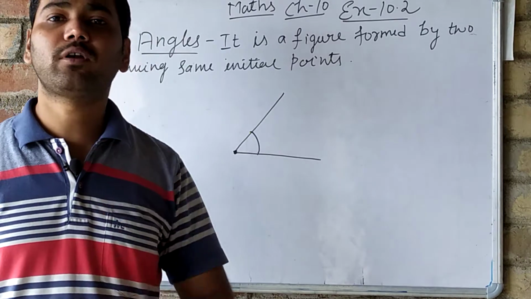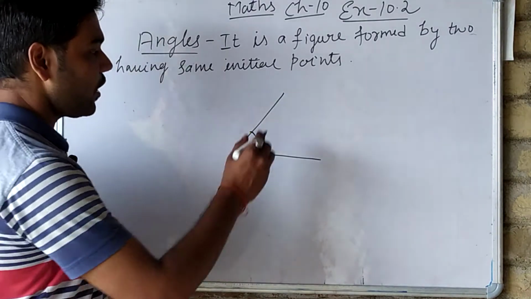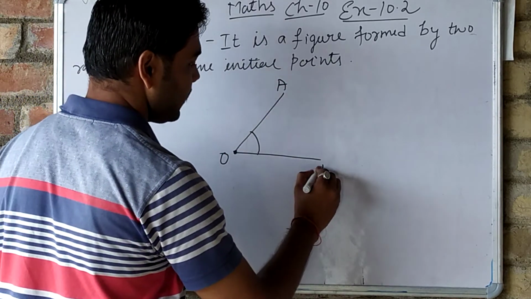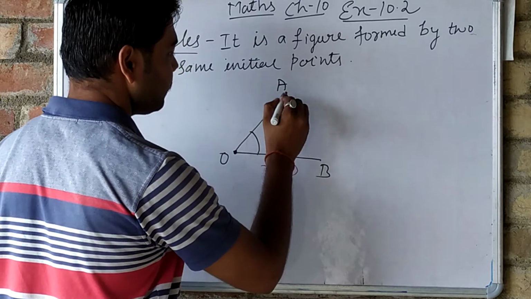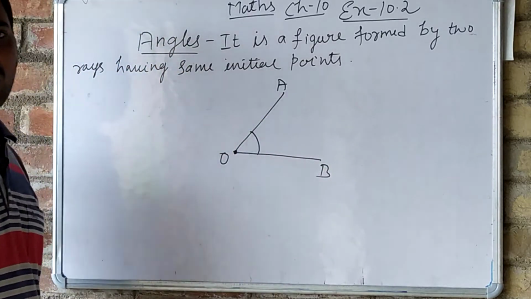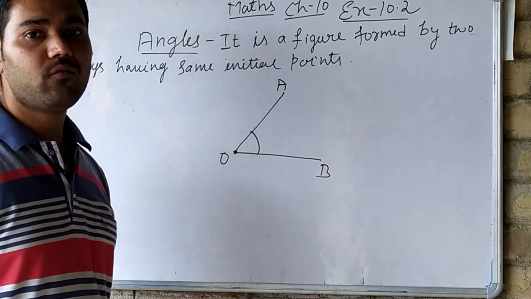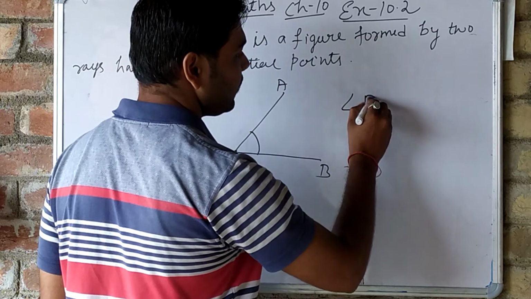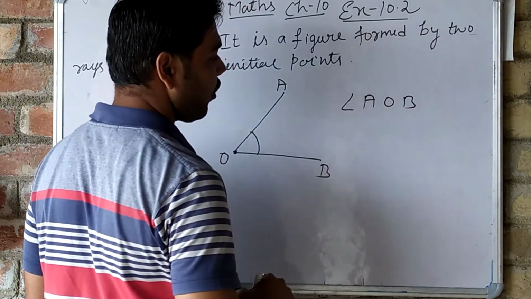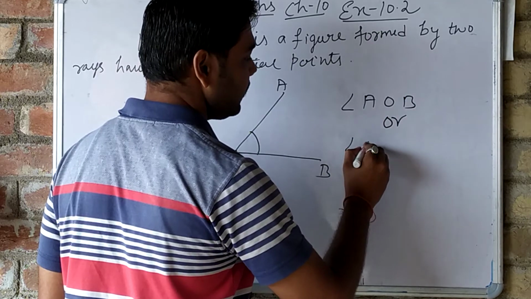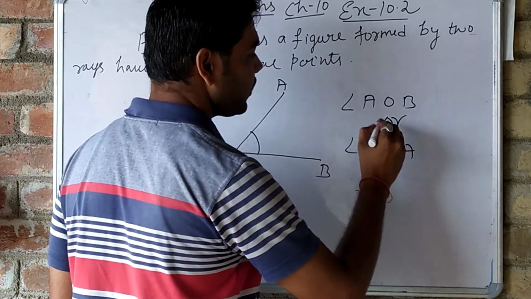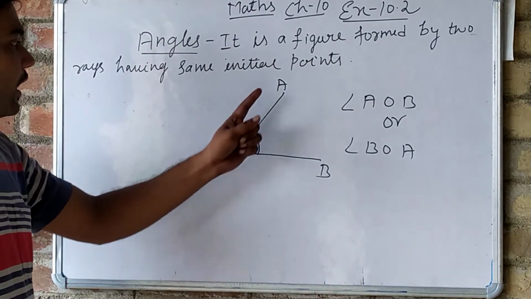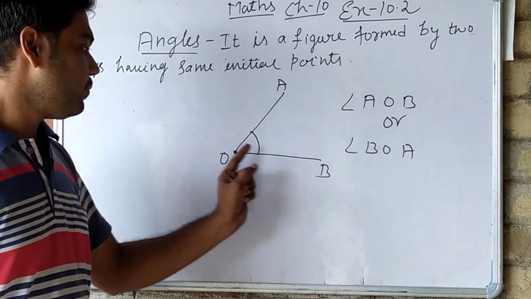So we name this point A, here O, and here B. That means this point is B, this point is A, and this vertex is O. So how do we name this angle? We will name it angle AOB, or we can name it angle BOA. These are the names by which this angle is known.